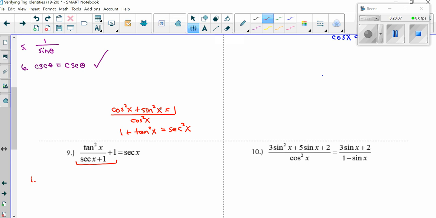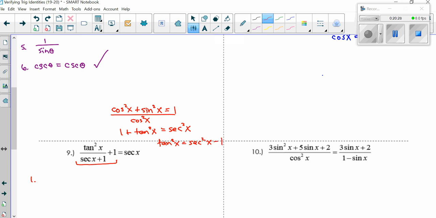So I can figure out what that identity is just by going back to here and dividing by either cosine squared or sine squared. In this case, cosine squared was the right one to divide by. If I subtract 1 to the other side, that means that tangent squared x is equal to secant squared x minus 1.